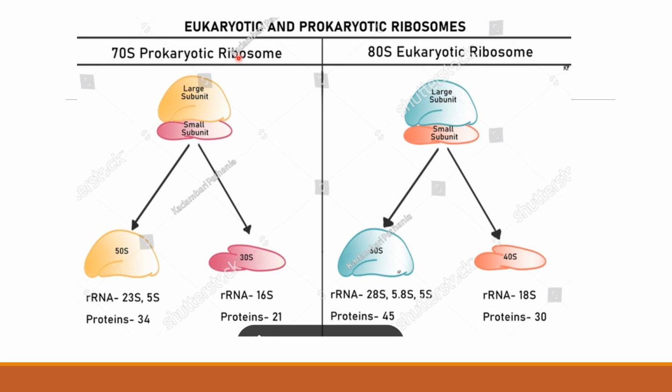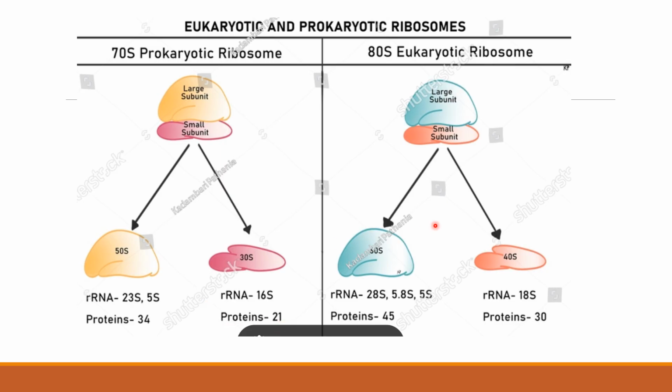In case of prokaryote, the large subunit is 50S and the small subunit is 30S. This 50S subunit is made up of rRNA and protein. It consists of 23S and 5S rRNA and 34 proteins. The 30S small subunit consists of 16S rRNA and 21 proteins.